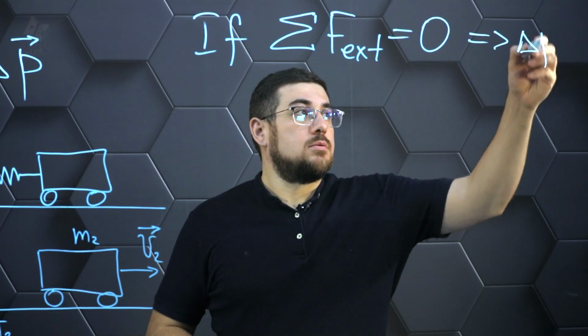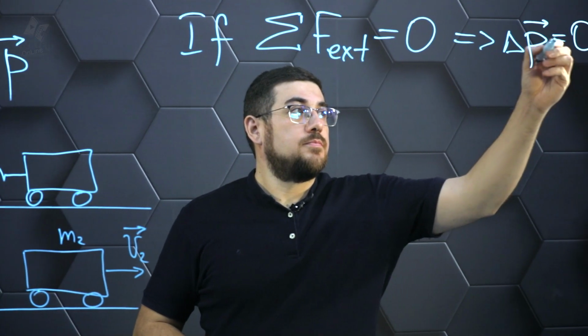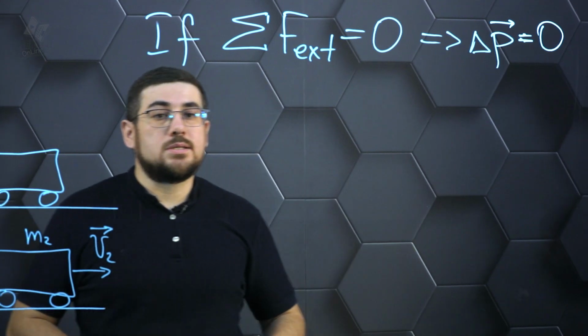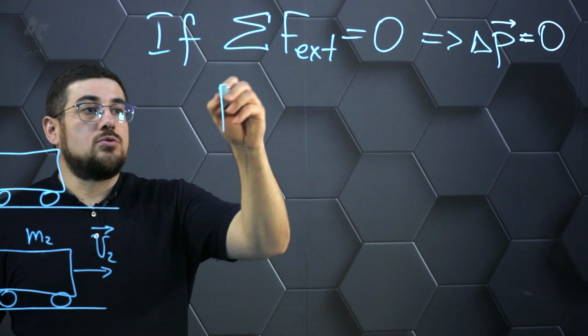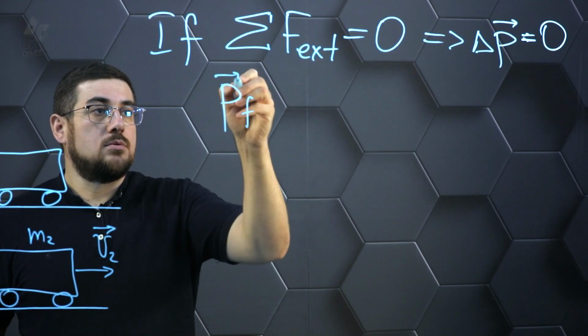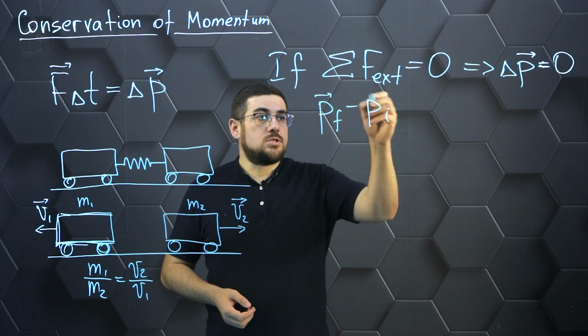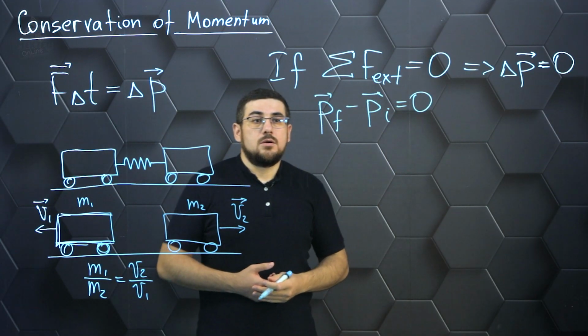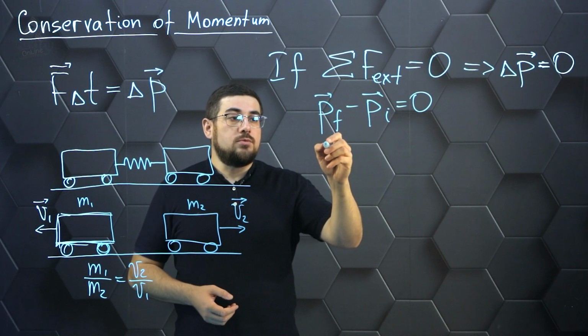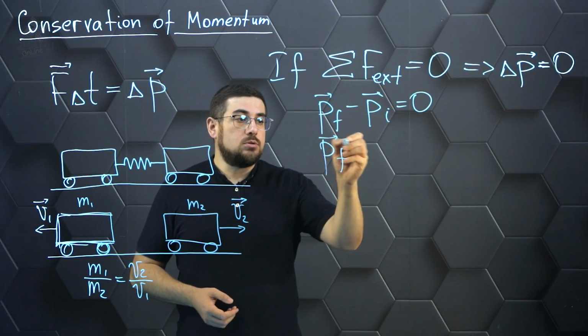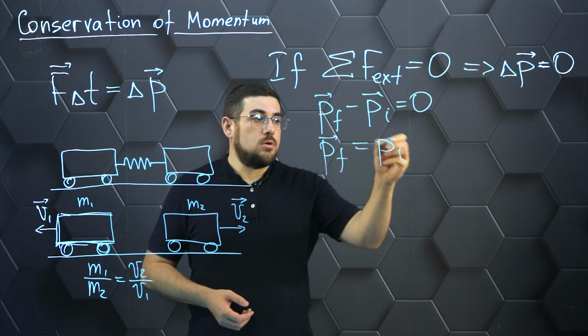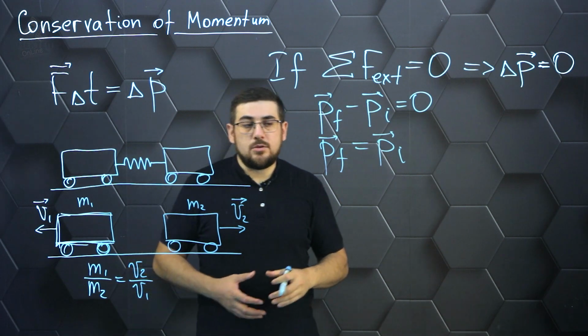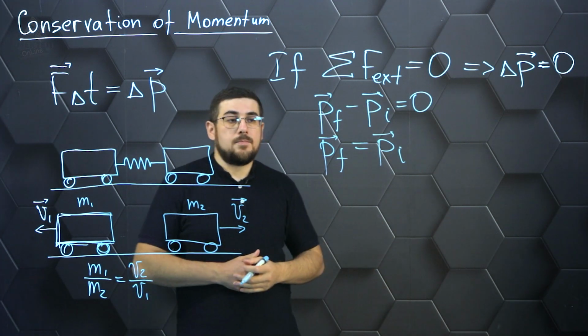This is its direct consequence. And what does it mean? It means that the difference between the final momentum and the initial momentum is also zero. This leads us to another version: the final momentum and the initial momentum, in modulus and in direction, that is, their vectors, will be equal to each other.